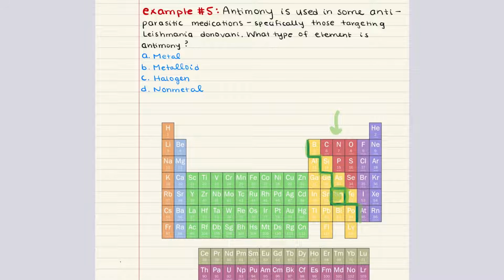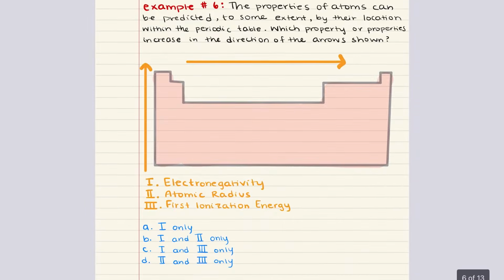Antimony falls on this stair step, and it actually exhibits a combination of both metallic and non-metallic properties, making it a metalloid. So antimony is going to be a metalloid, making the correct answer for 5 B. Let's move on to problem 6.